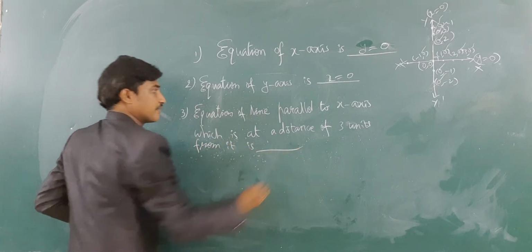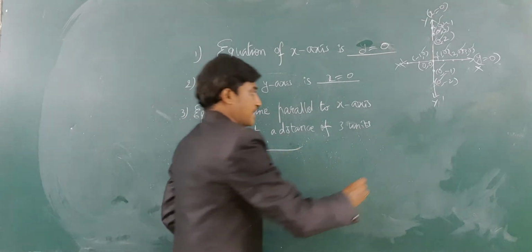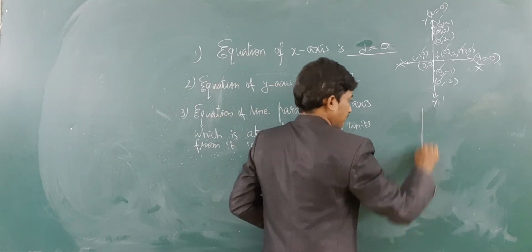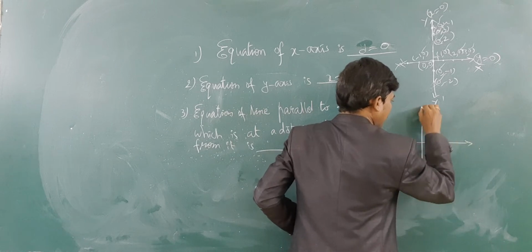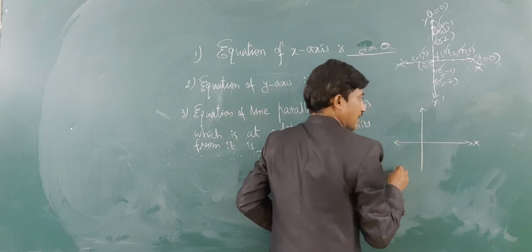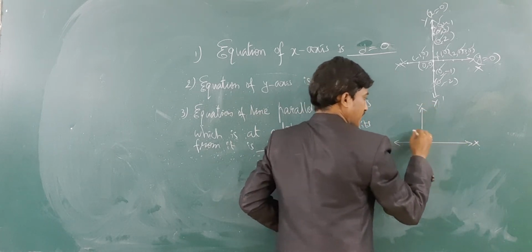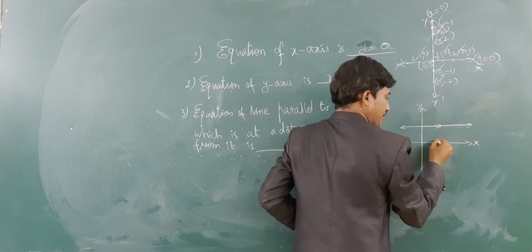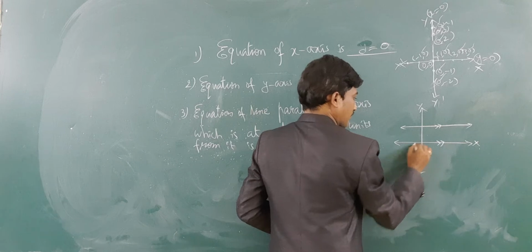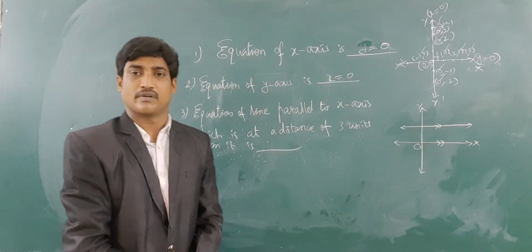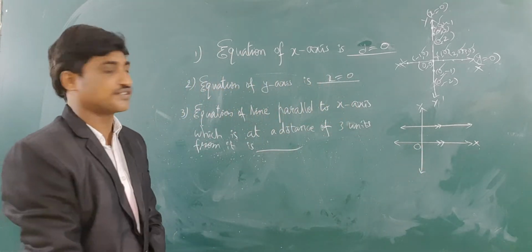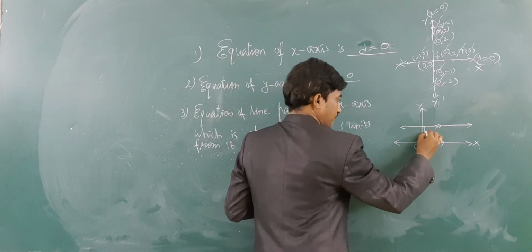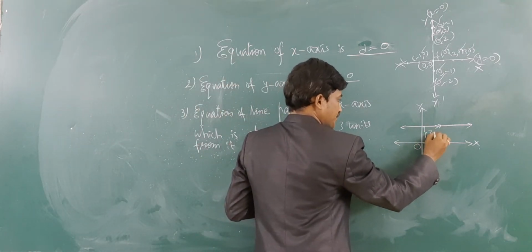Equation of line parallel to x-axis, which is at a distance of 3 units from it. That is 3 units distance.